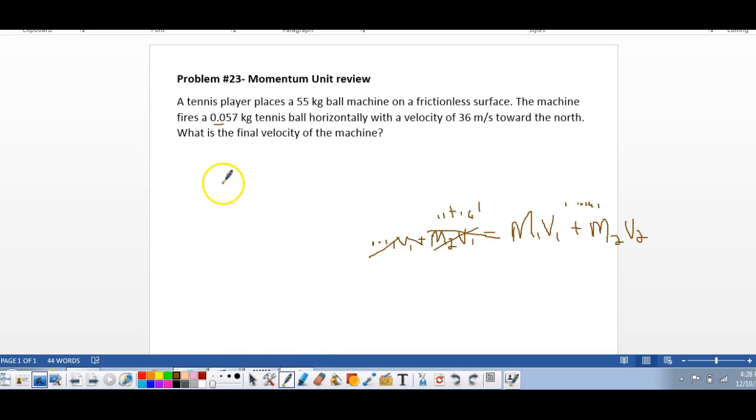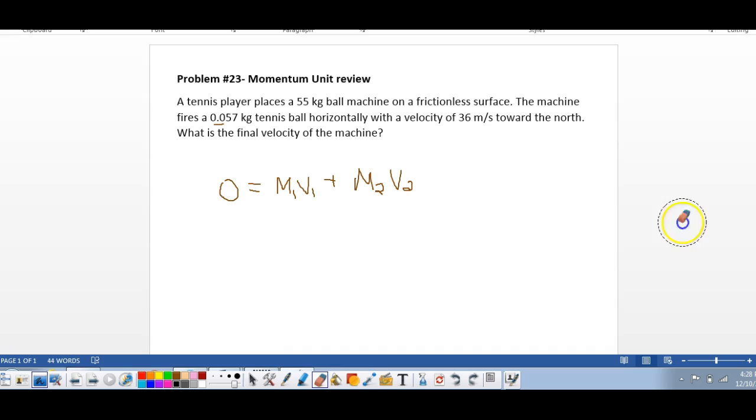Beginning, there's nothing. So it becomes 0 equals mass 1, velocity 1, and mass 2, velocity 2. Pretty easy calculation. So I'm going to get rid of this now. We just got to plug in the numbers.